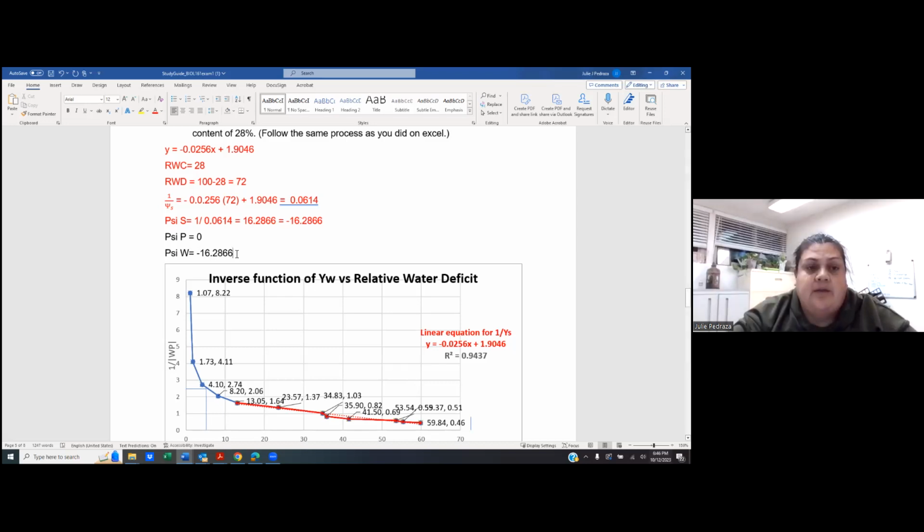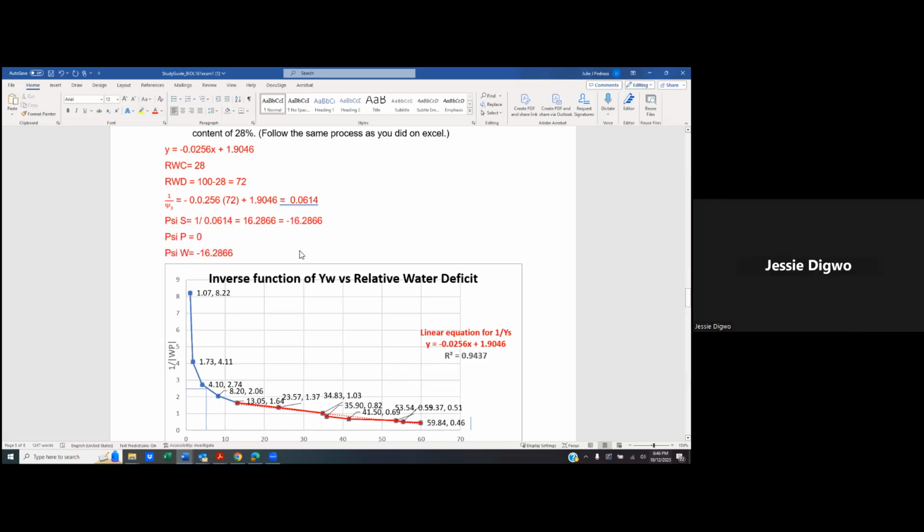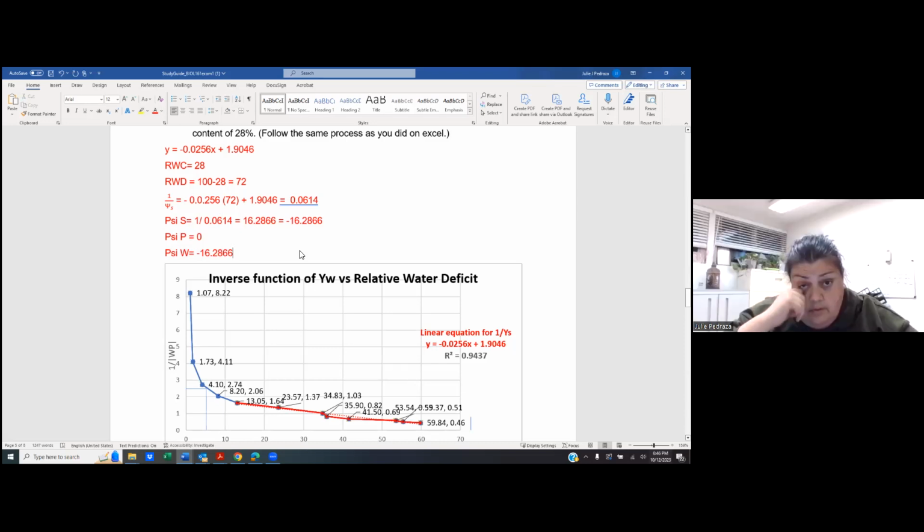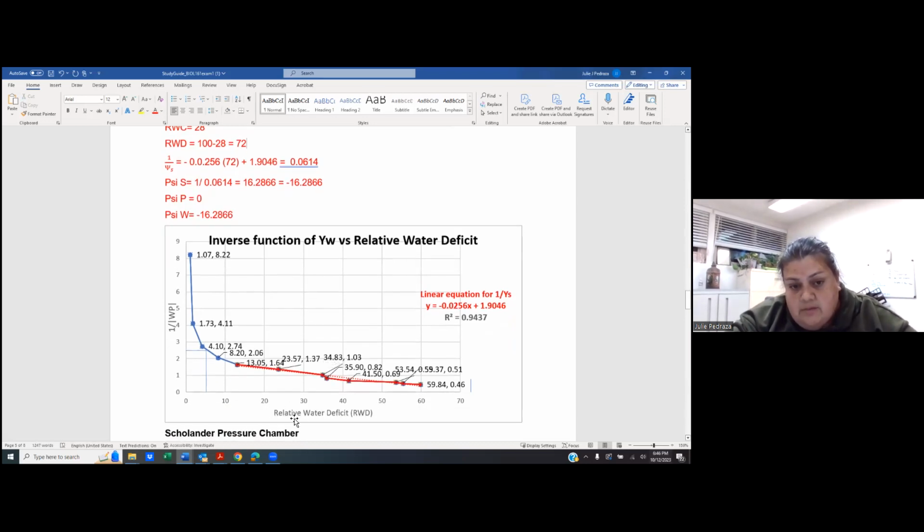Do you guys see how he got that? No. Okay. So relative water deficit is 72%. So when I went here, this is the relative water deficit line, and 72% is right here. It's way off this line here.